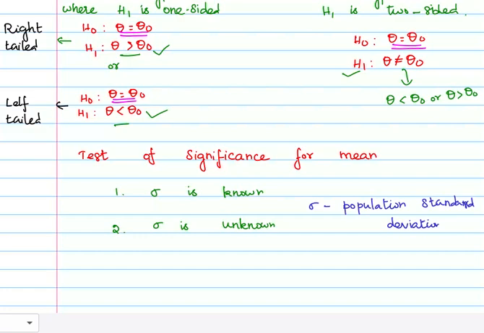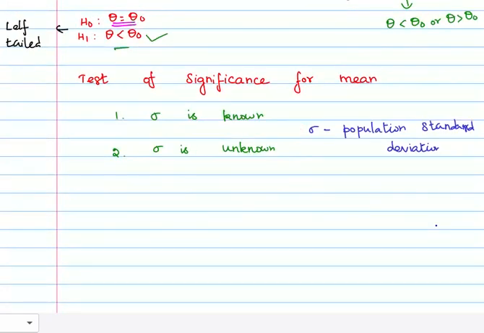Whenever we test significance for the mean, we have two cases. The first case is when sigma is known, and the formula is Z equal to x bar minus mu divided by sigma divided by square root of n.